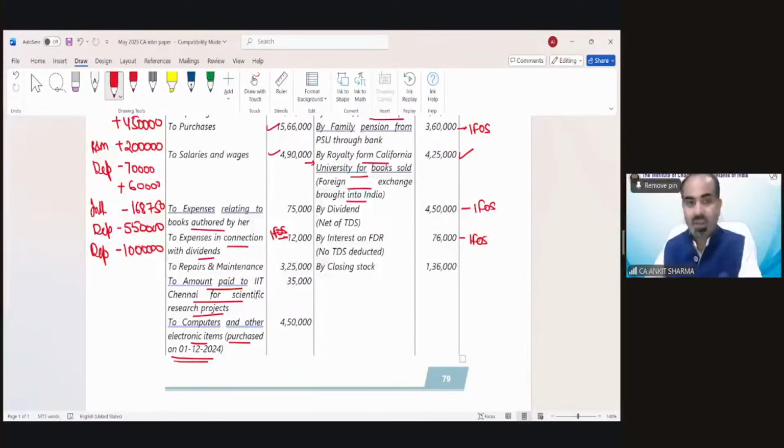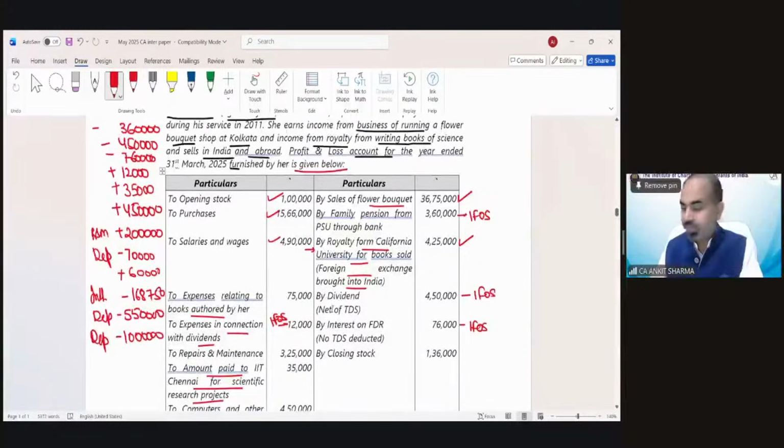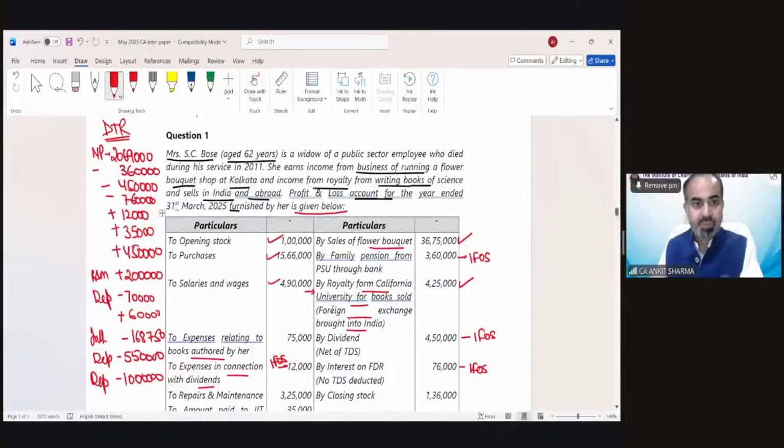Now let's calculate the profit with the information. 2069 minus 360 minus 450 minus 760,000 plus 12,000 plus 35,000 plus 450 plus 2 lakh minus 70,000 plus 60,000 minus 168750 minus 550 minus 10 lakh.